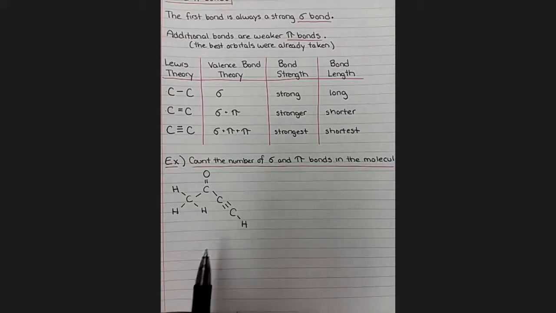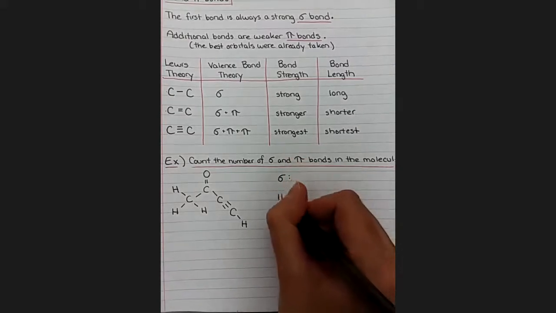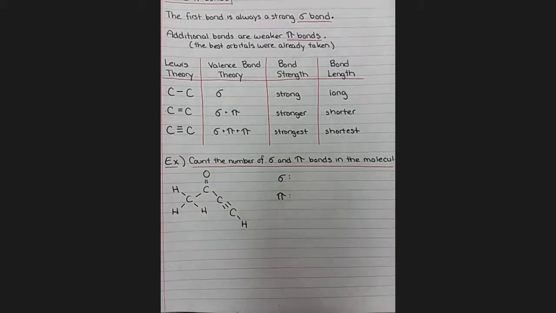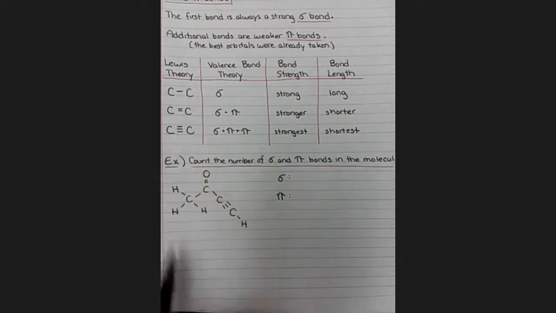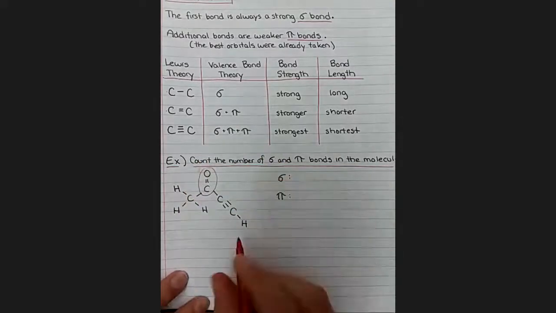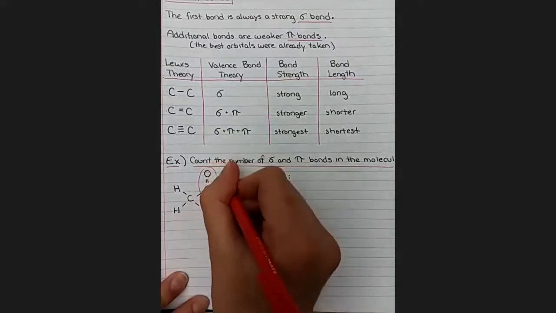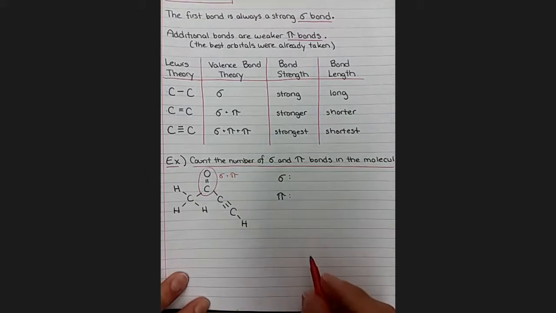Count the number of sigma and pi bonds in this large molecule drawn below. I have always found it easier to count the pi bonds first, because when I count pi bonds, I look for double and triple bonds, because I know those are the only places that they're found. So here's a double bond, and I know that a double bond consists of a sigma bond and 1 pi bond, so that's 1.